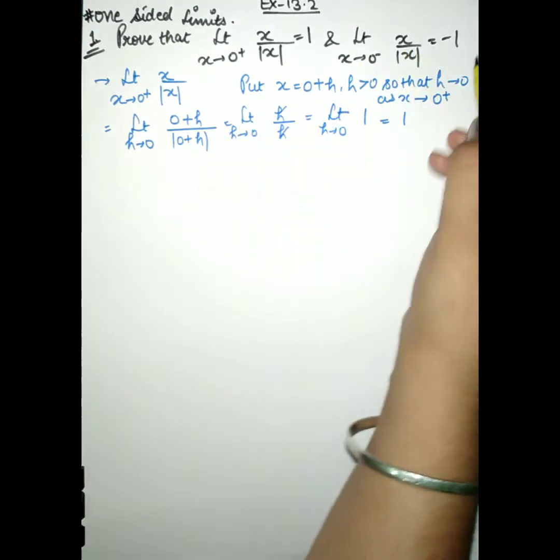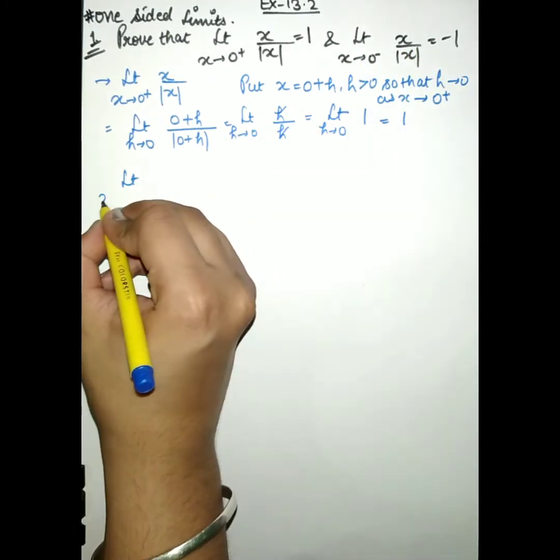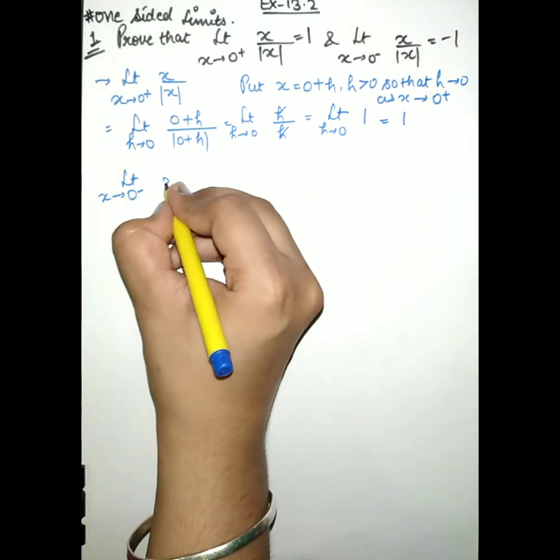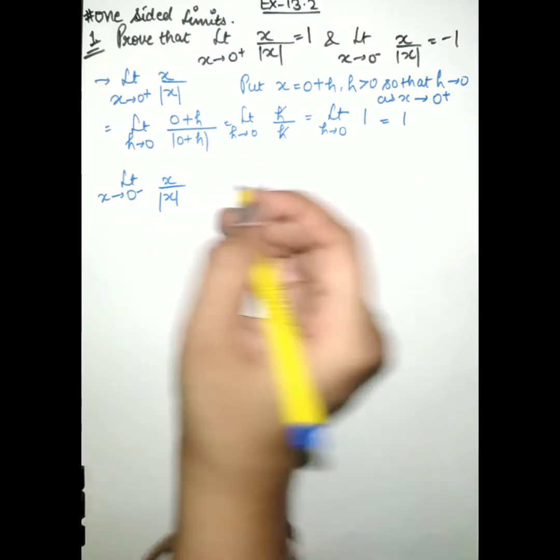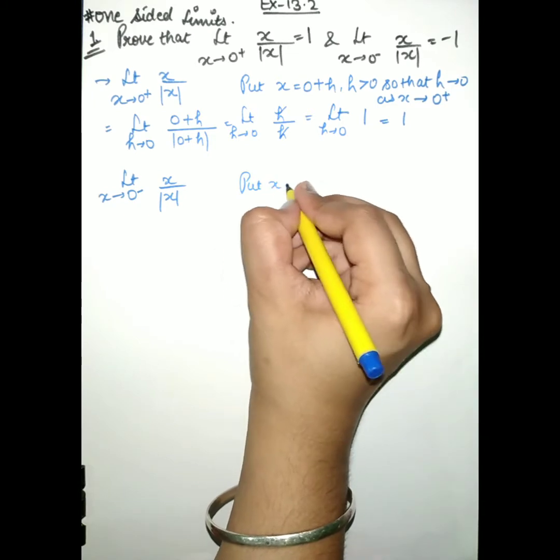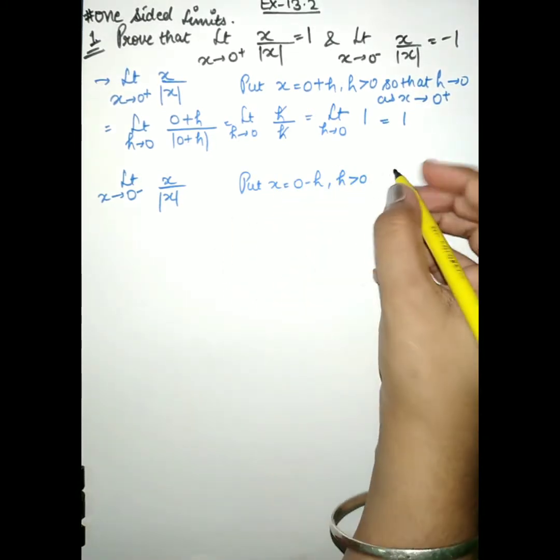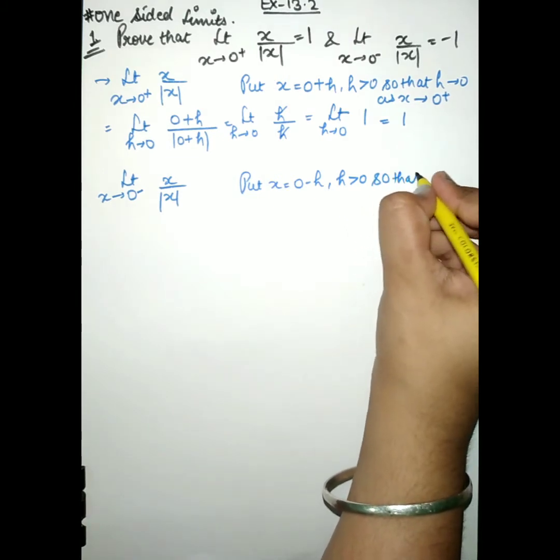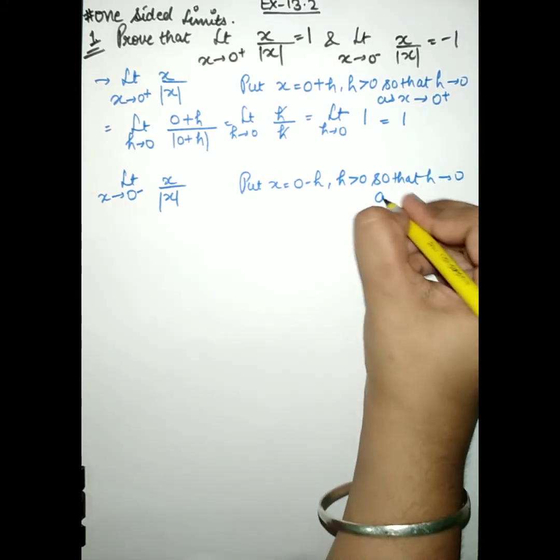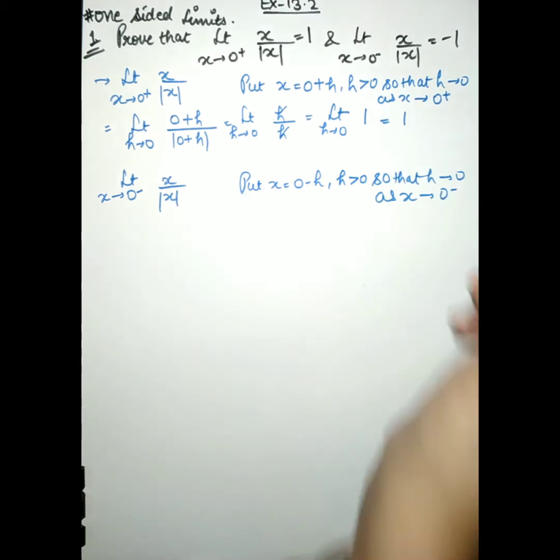Again we will solve for this. It will become limit x approaches 0 negative of x upon mod of x. Then put x equals 0 minus h, where h is greater than 0, so that h approaches 0 as x approaches 0 negative.